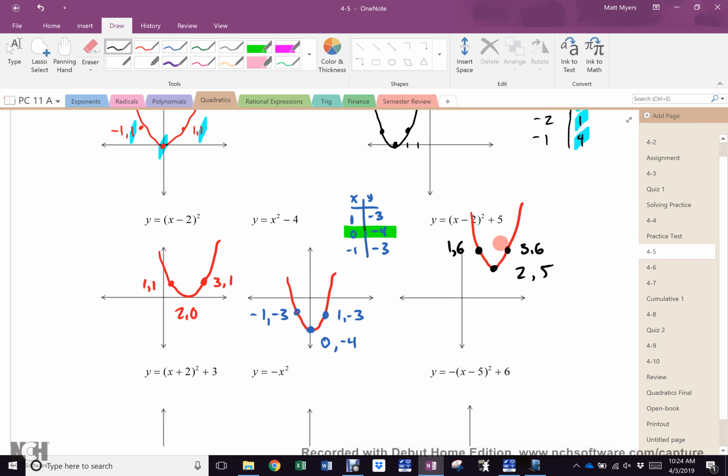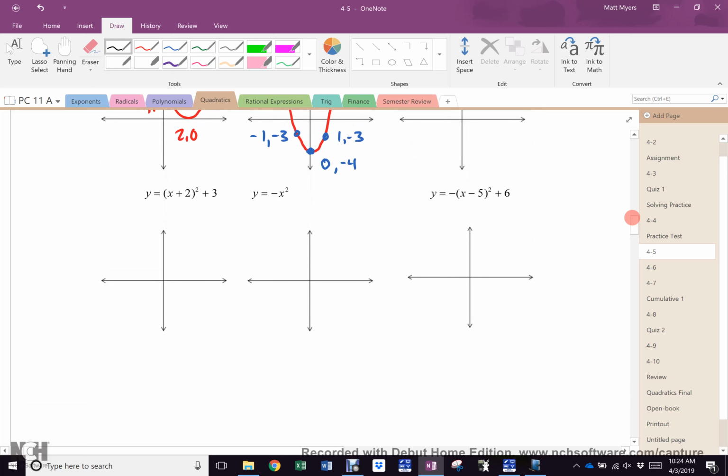Okay, without me now, you graph this guy however you want, and show me the first 2 points on both sides of the vertex, please.